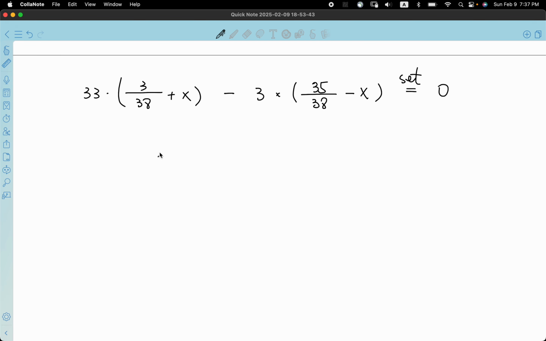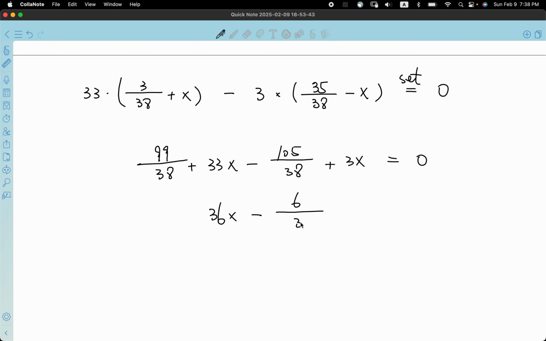Let's see. So 99 plus 33x minus 105 over 38 and plus 3x. So the minus 3 multiplied by minus x is a plus 3x. Okay, let's see. 36x minus 6 over 38.